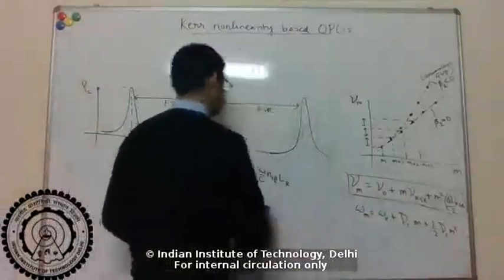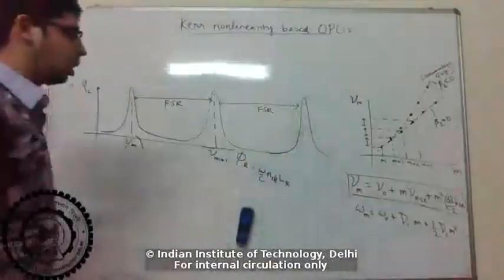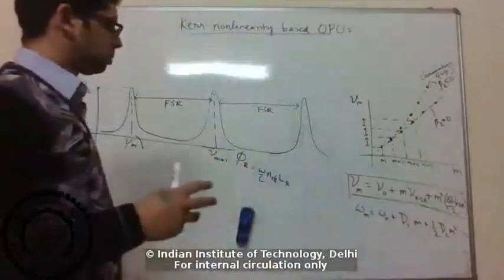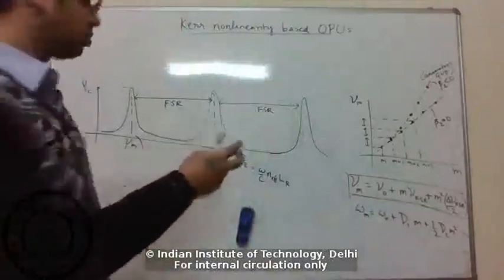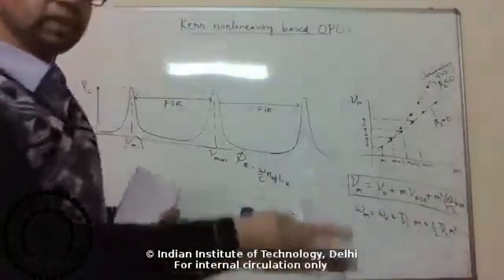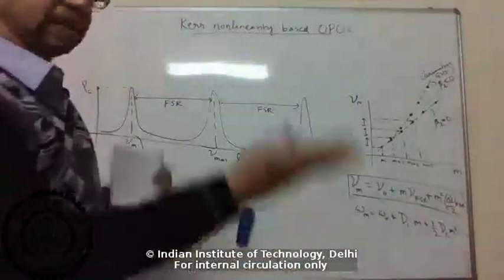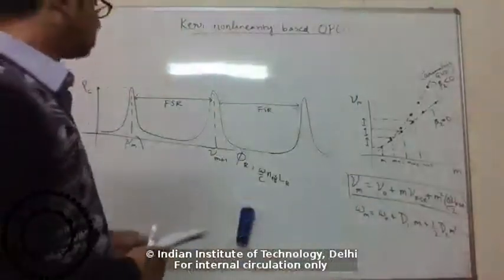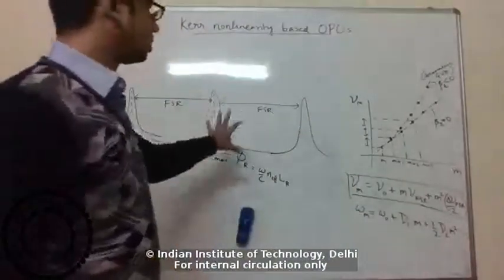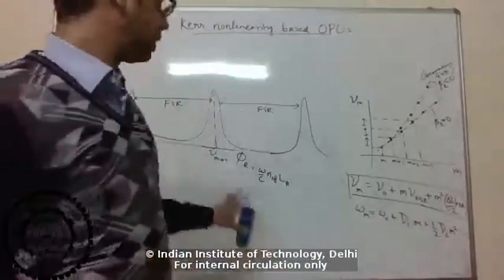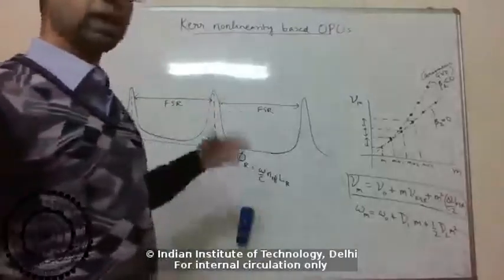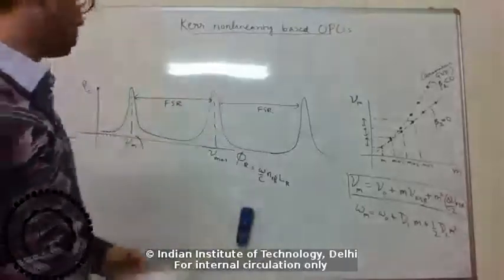Our main goal here is to get expressions, for example, for the threshold pump power and the signal and idler frequencies which will lase, and how those depend on the cavity parameters. That's why we are analyzing this cavity in detail using its dispersion properties, and we'll see how it translates to the OPO process.